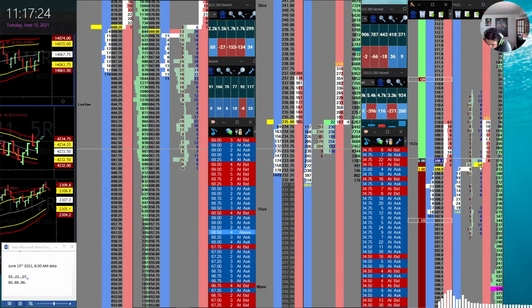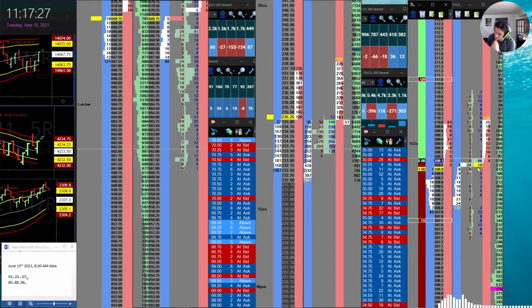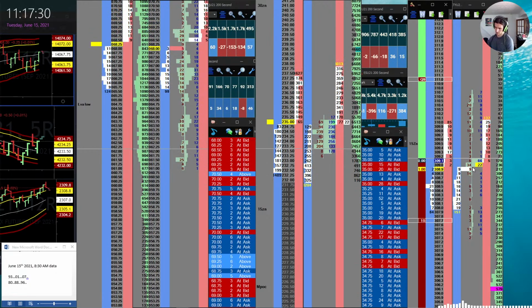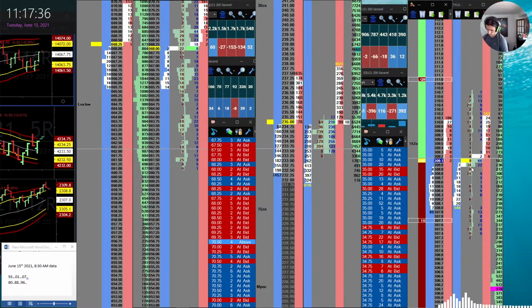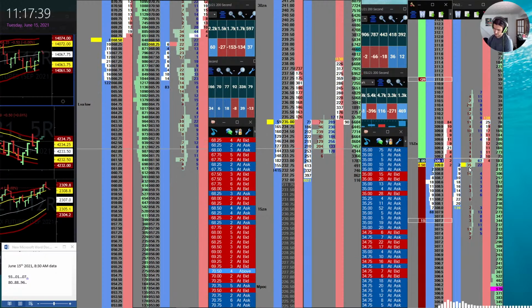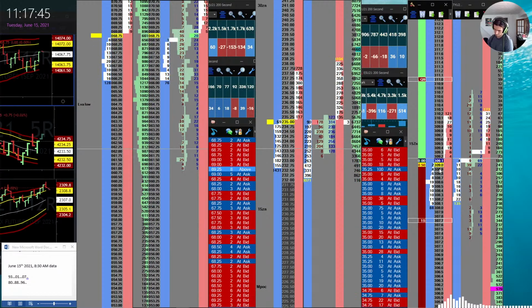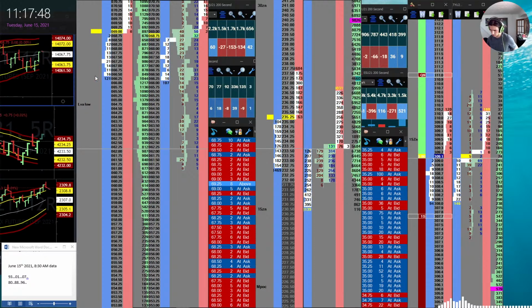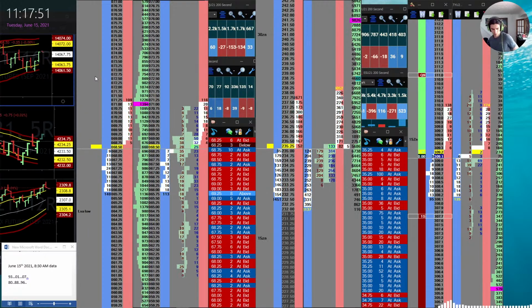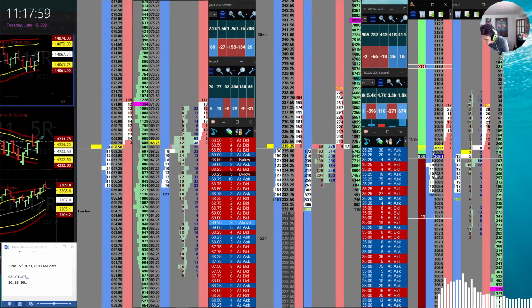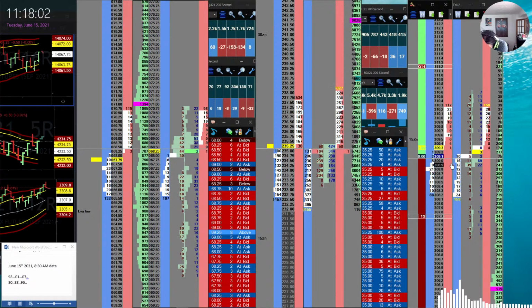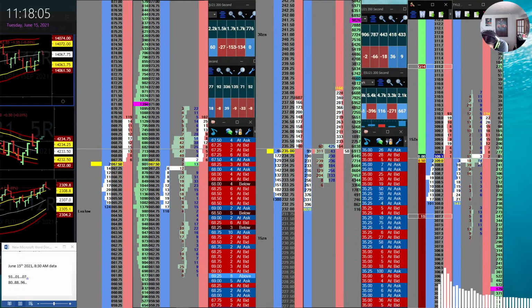He's still offered. It's not bid though, that's the problem. It needs to stay bid, it's not staying bid. Qs coming up again to trade the upper end of the range. Looks like the buyers won there. It needs to stay bid though.